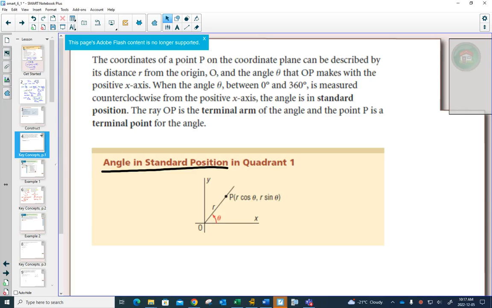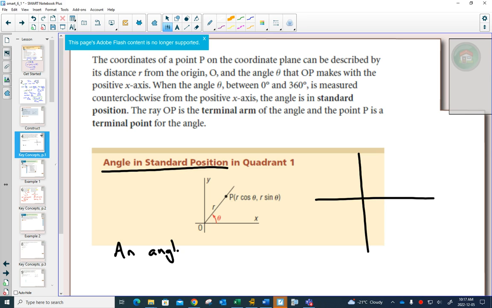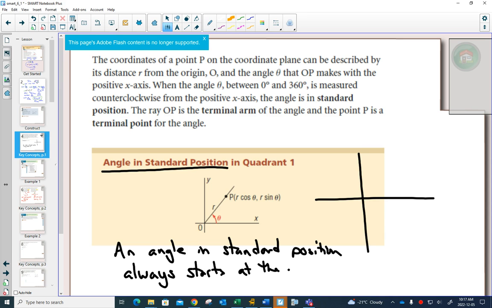So an angle in standard position will always start at the positive x-axis.